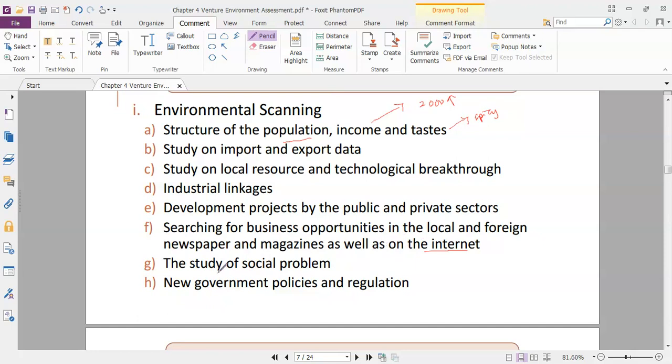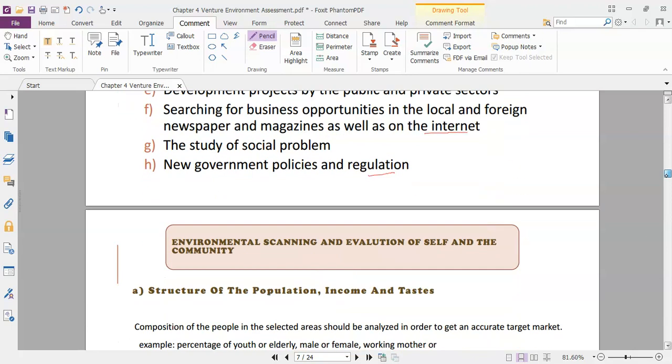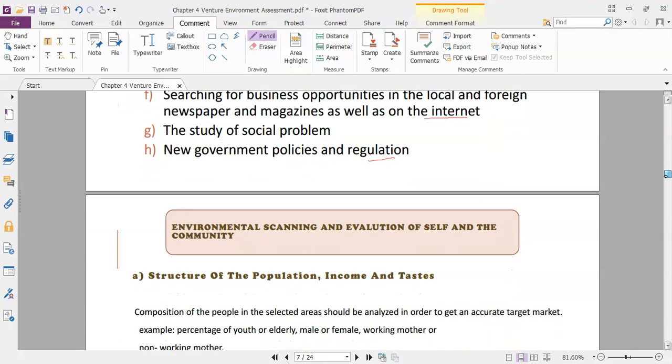Then there is the study of social problems, and you need to know the government policy and regulation at your location. For example, you need to know where you want to register your business.